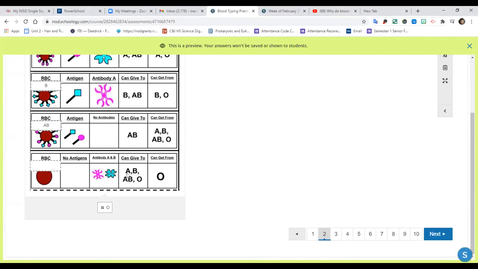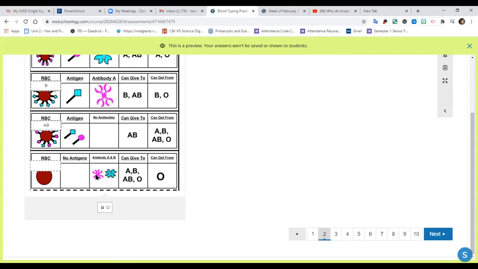How about the one that has no antigen? You see how it's all bald on the outside? It has no antigens, so no protein outside its red blood cells. But it has antibody A and B. Why?